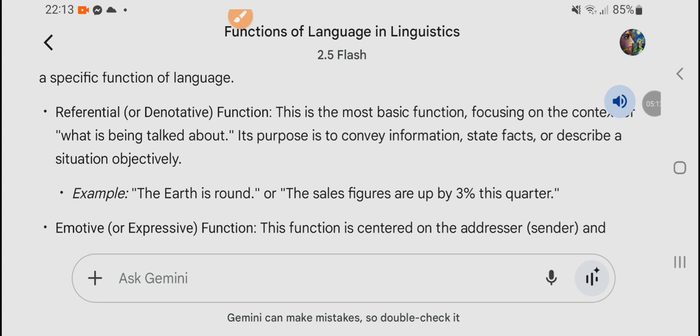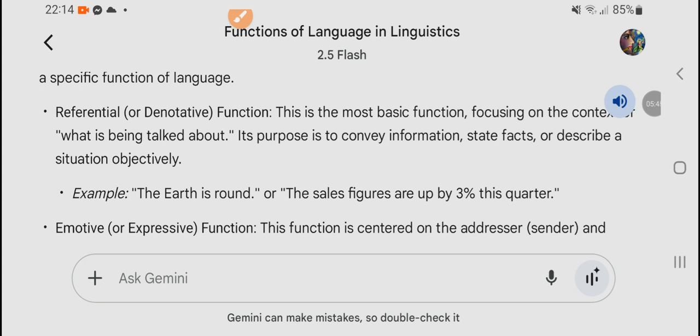So the same sentence may be inferred in different ways. If I say, listen, I will not go tomorrow, suppose I am in tension, that's why I am speaking that way. Or, listen, I will not go tomorrow, in a different way.